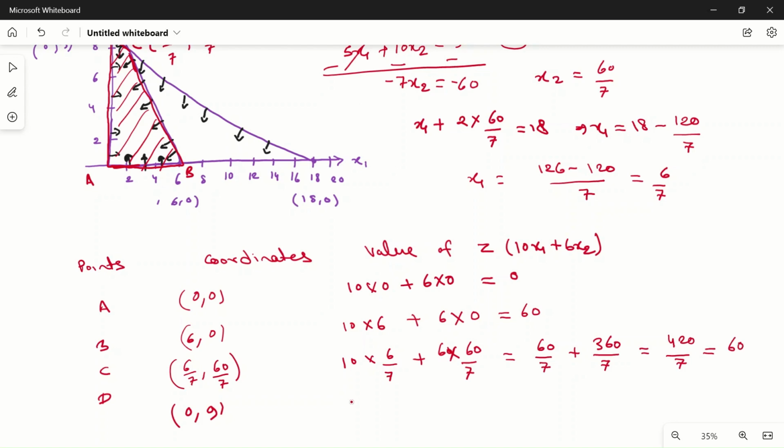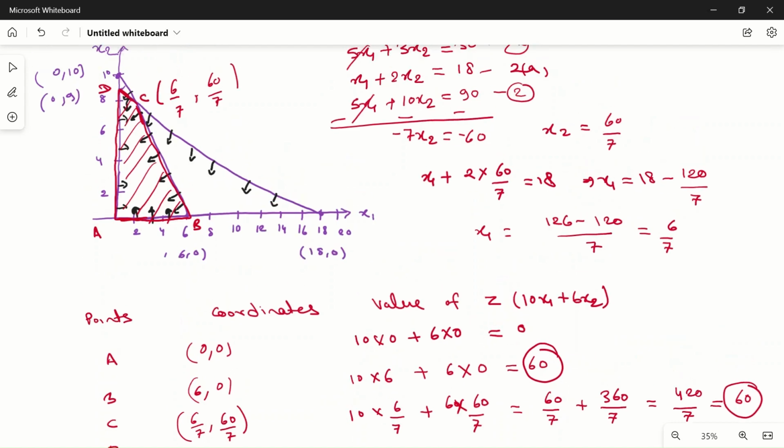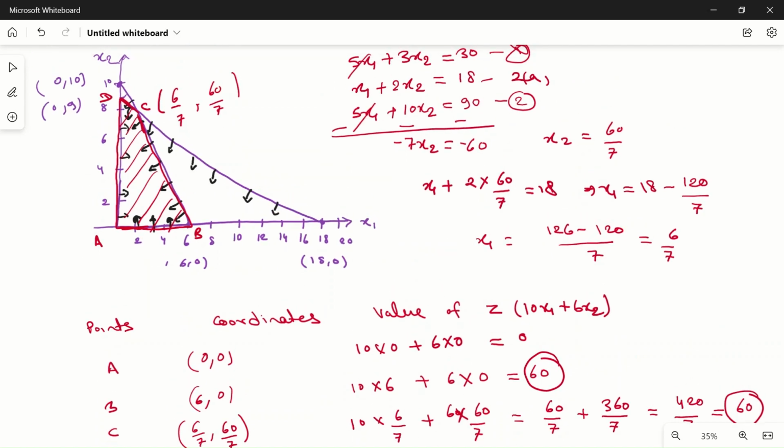And at D, it will be 10 into 0 plus 6 into 9, so it will be 54. So you can see that at two points, B and C, we are getting the maximum value of Z.